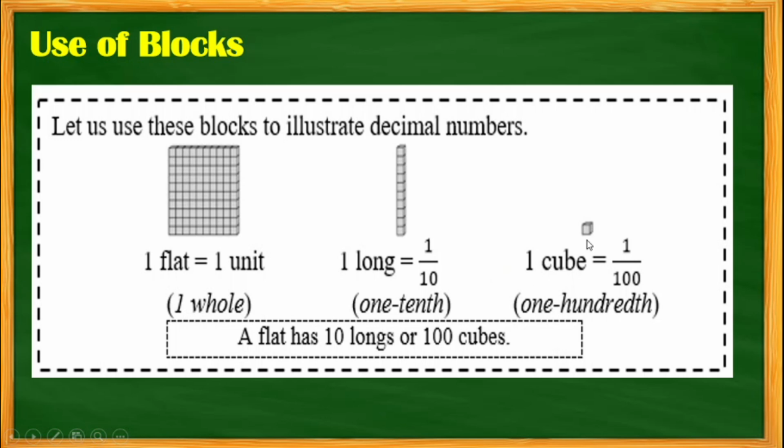And then 1 cube is equivalent to 1 hundredth. So this would be the visual representation that we're going to use to represent the decimal numbers. So a plot has 10 longs or 100 cubes.